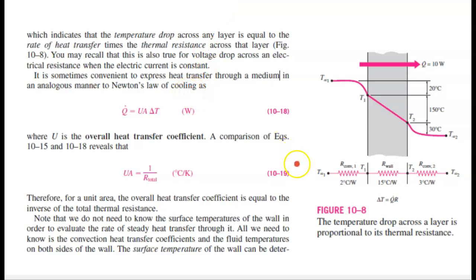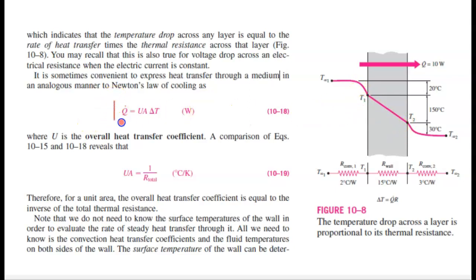Okay, now if we have a look at the temperature drop across any layer, it is related to the heat transfer at that specific time, which will be given by the gradient. The steeper the gradient is, the faster the heat transfer rate is.